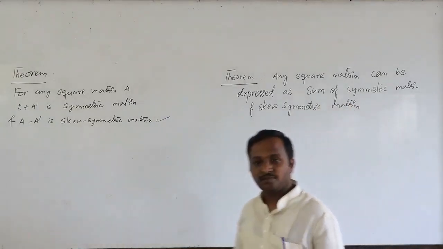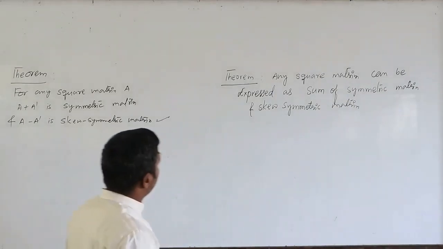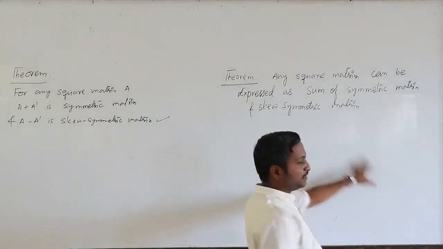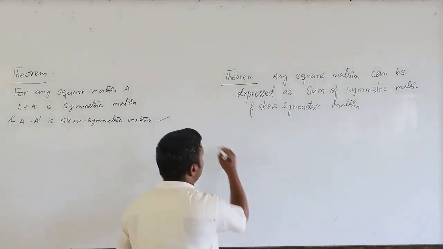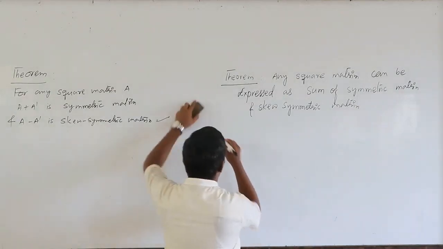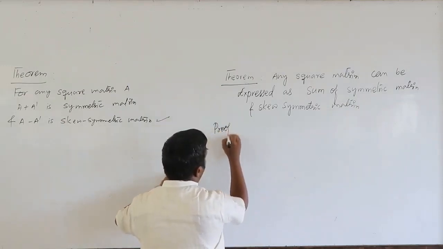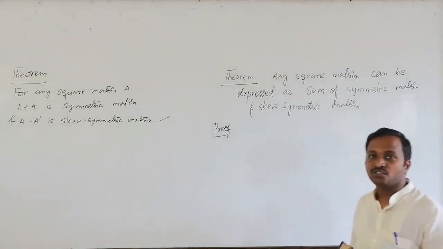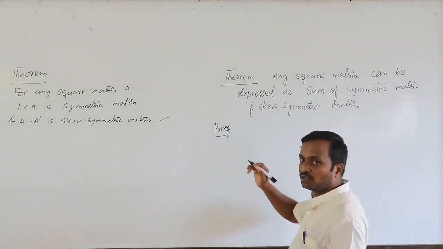Look at this: any square matrix can be expressed as a sum of symmetric and skew symmetric matrix. Let us look at the proof. The statement of this is very important for solving questions related to 3 marks questions.